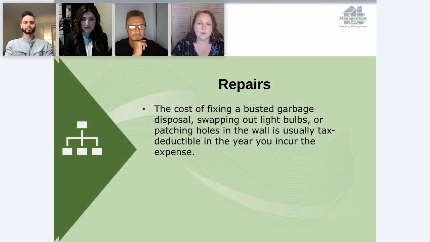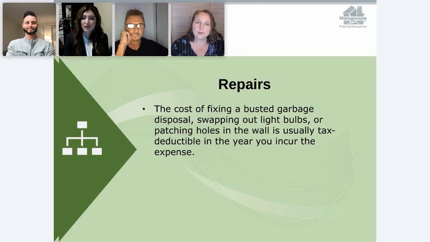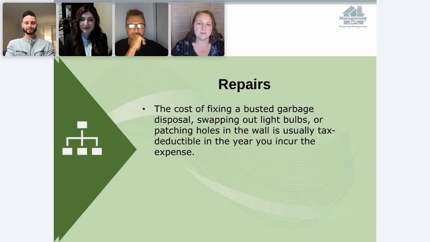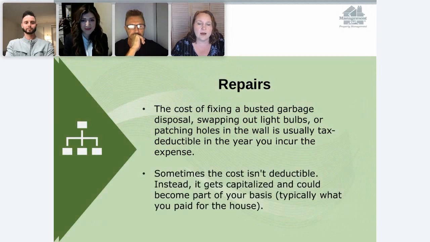Repairs. This is what we hear about the most in our business, right? It's always a repair. Whether it's a broken garbage disposal, light bulbs, or patching holes in the wall, there are certain things you can deduct and certain things you can't.